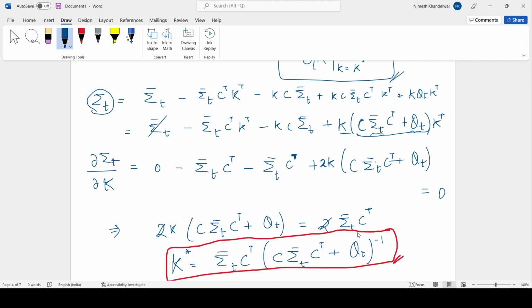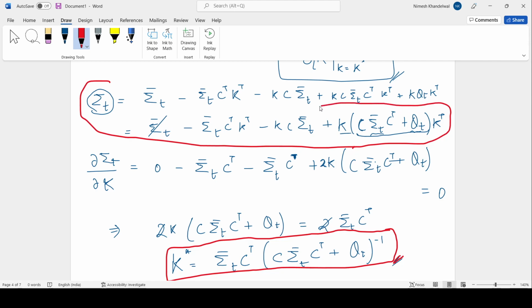Okay, so now I'll just put this final expression of K in my expression for sigma, and we'll get the final update rule for sigma.